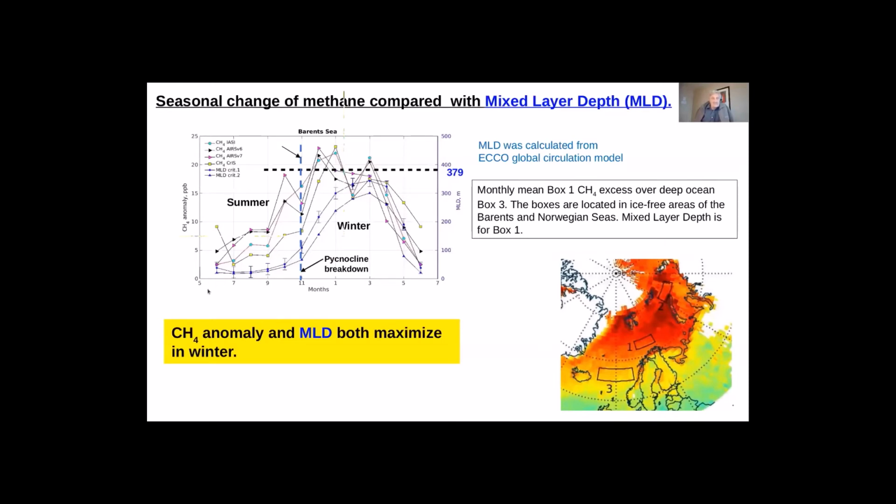These are months, summer, December in the middle of the scale, and we calculated the difference in methane concentration between the box in the Barents Sea and the box in the Norwegian Sea. And this difference grows with months from summer to winter. In winter, there is a maximum of this difference.